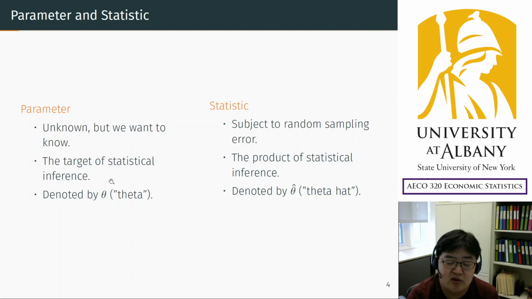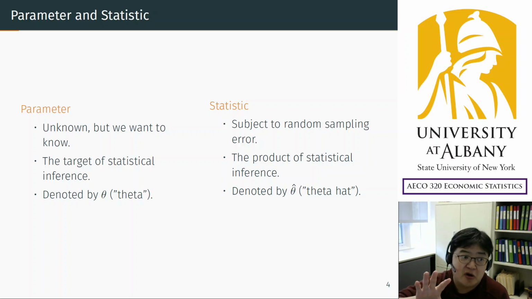What is the value of theta? And your guess is usually denoted as theta hat. If you put a hat on top of a Greek letter or on top of the parameter, that usually stands for an estimator for the parameter. You are estimating, guessing the parameter would be theta hat, right? It should be a number, right?